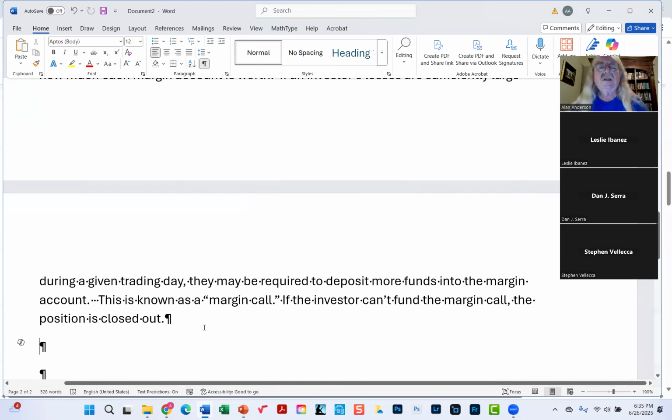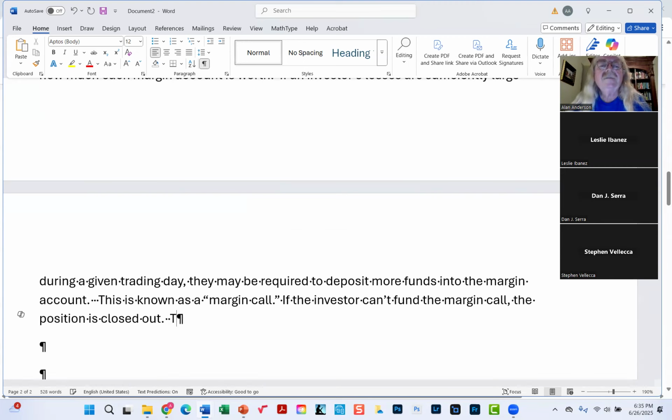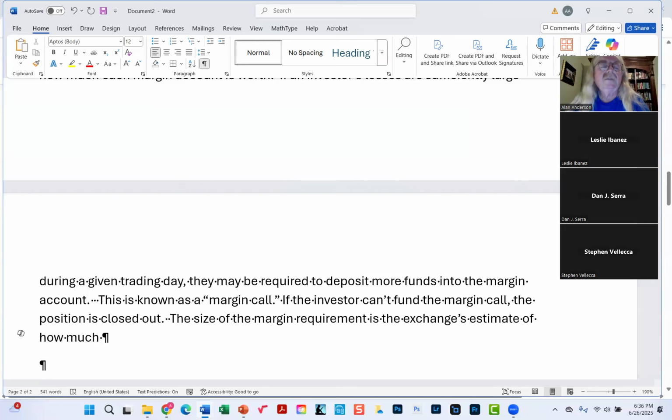Okay. So in other words, the size of the margin requirement is the exchange's estimate of how much could be reasonably lost during a given trading day, because that's really how much risk they're exposed to.